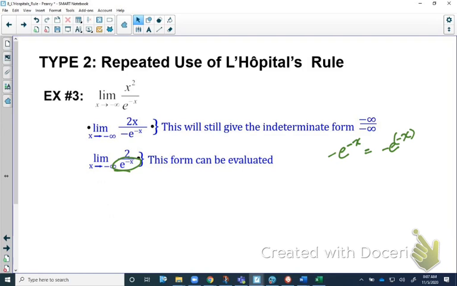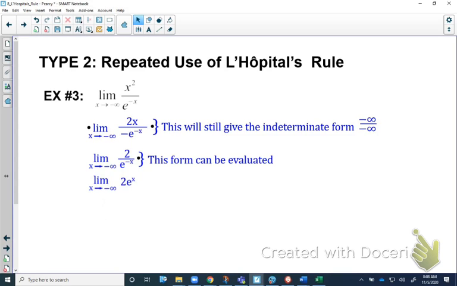But again, using the chain rule, I have to take the derivative of this part here, which would be a -1, and the negative times the negative gives me a positive e to the -x power. So that's how I'm getting the derivative of e to the -x power in the denominator. And now, because the x value, if you notice, is no longer in the numerator, this is really where we can do our substitution.